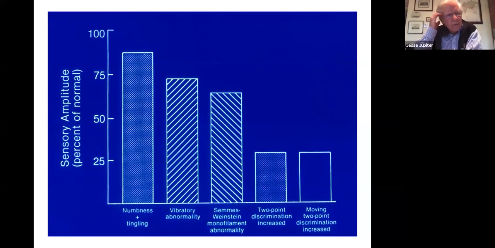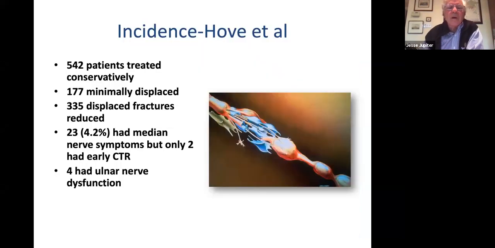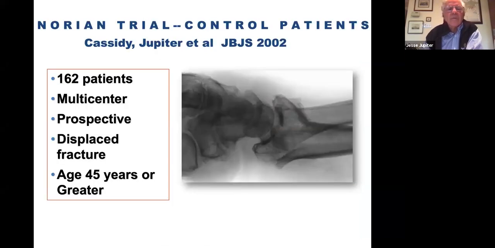Two-point discrimination is not really the first line of sensory testing. It's not that common. In this study of over 500 patients, only 23 had median nerve symptoms, but it can be problematic.